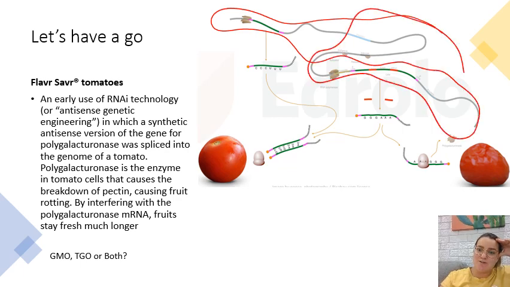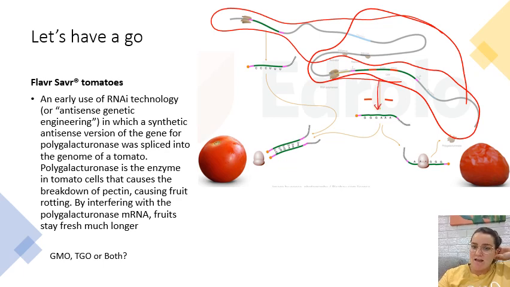That whole thing is a chromosome from a tomato. What happens normally is that gene gets transcribed into mRNA, and then it gets translated into a particular enzyme here that causes the tomato cells to age or to rot.